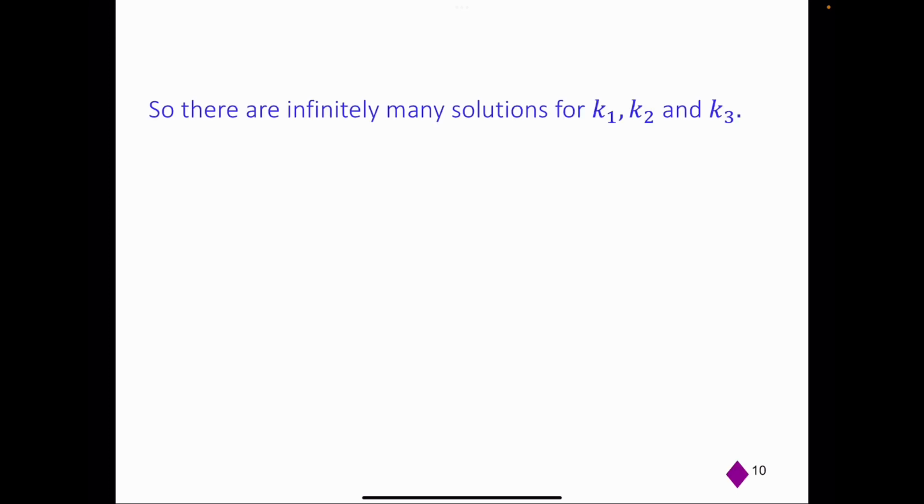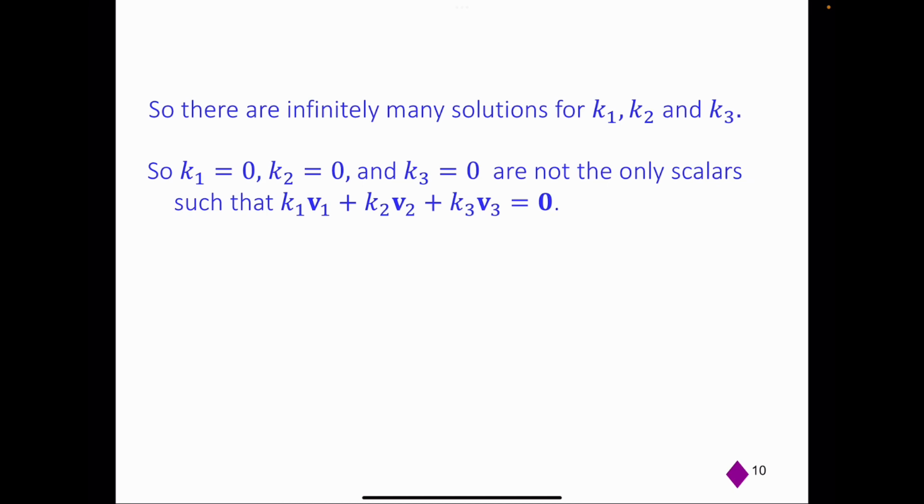It is enough to mention that since the RREF form has one row which consists entirely of 0 entries, therefore the system of linear equations has infinitely many solutions. It has a non-trivial solution. Therefore, the set is a linearly dependent set.